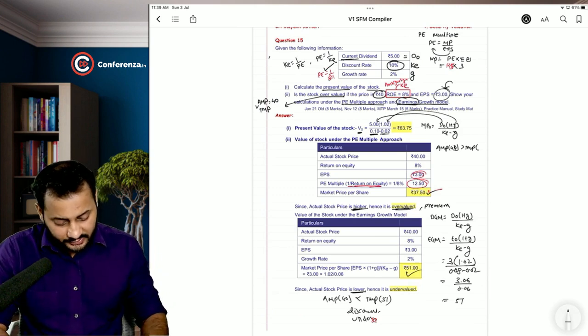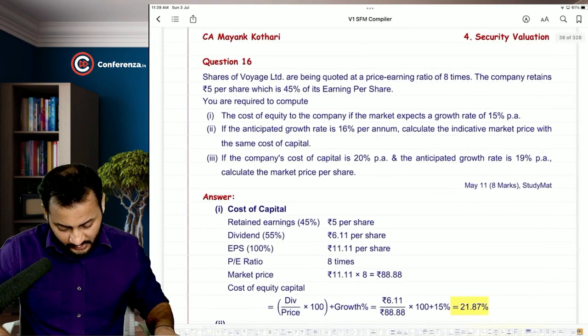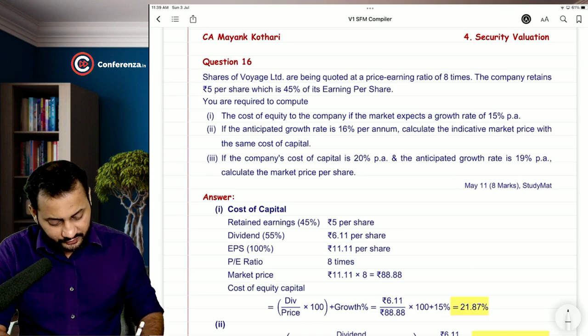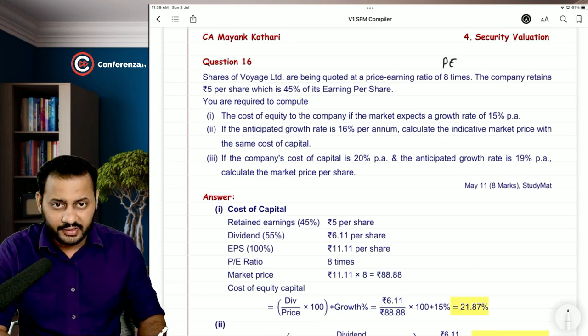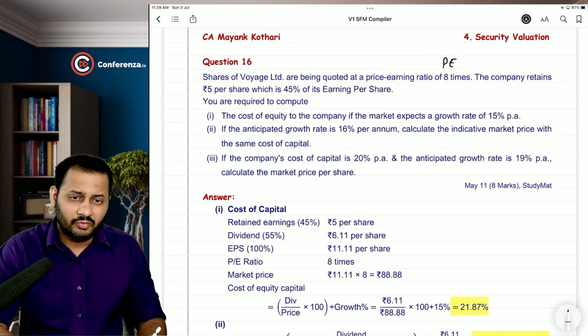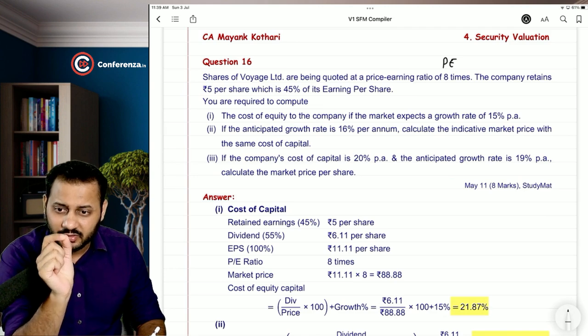Coming over to the next question. Question number 16, have a look. Shares of Voyage Limited are being quoted at a price earning ratio of 8 times. So what does this PE ratio of 8 mean? What if the company is earning 1 rupee?